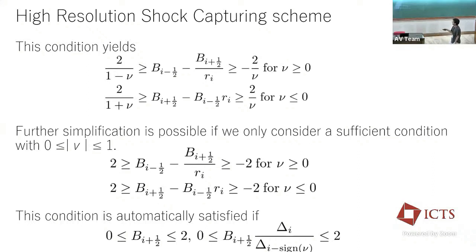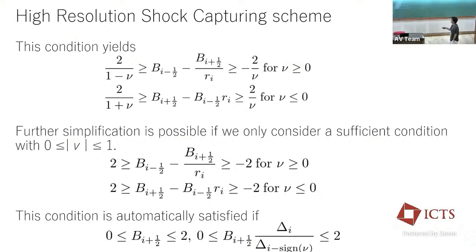If you plug this condition to here and to here, this is a sufficient condition for the positive case, and this is a sufficient condition for the negative nu case. Here you just take the limit of nu to 1 or nu to 0, and here nu to 0 and nu to minus 1, sorry.